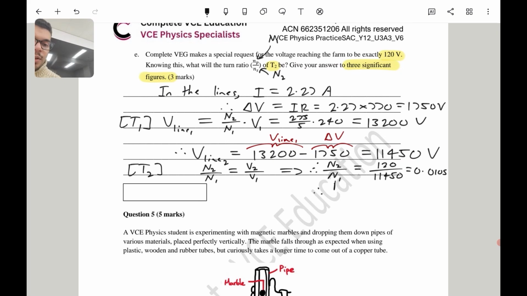So you actually need to reverse this and get the value of N1 over N2, and you should get roughly 95.4. Okay, so the number of turns of wire in the primary must be at least 95.4 times the number of turns of wire in the secondary. 95.4.